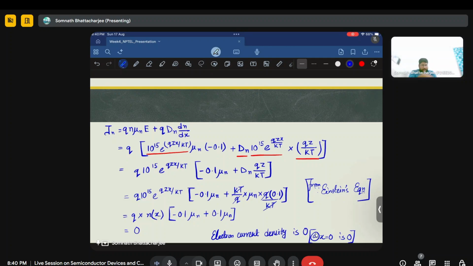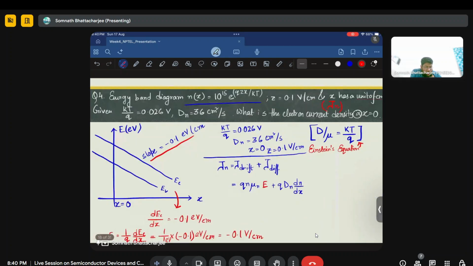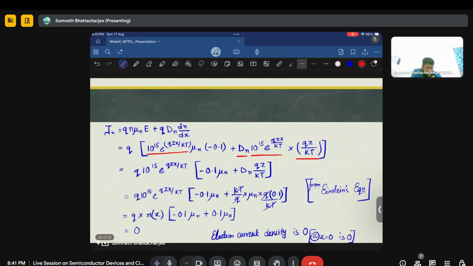As I was saying, because we have this equation, the Einstein equation, dn by mu n or dp by mu p is equal to kT by q. Based on that, we were not putting the value of dn directly here. We are just putting the Einstein equation here, and that's why we can get the value directly as 0.